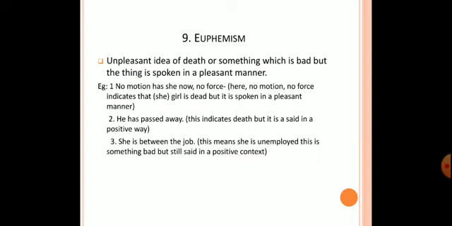But this is said much more in a positive context. That she is between the job means she is unemployed. So this is something bad, but still it is being said in a pleasant manner.